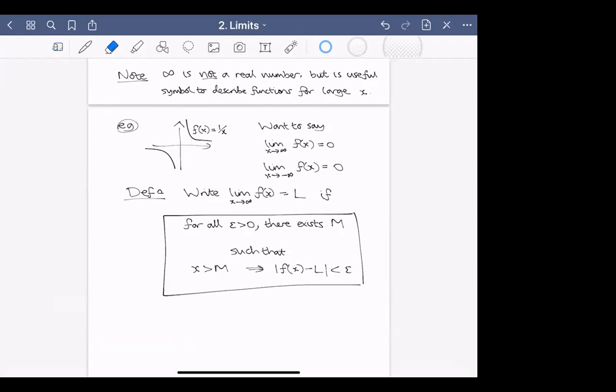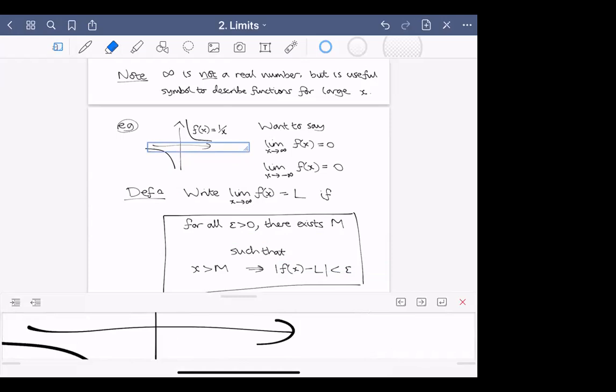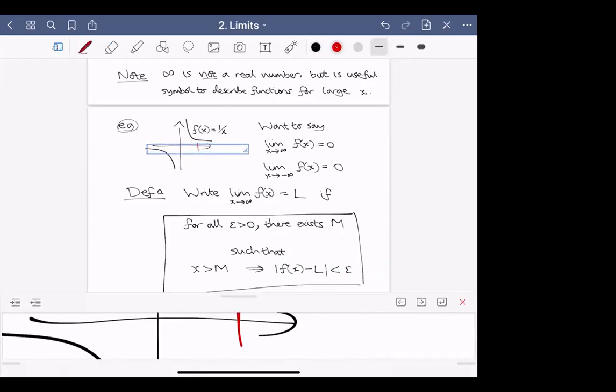So you should think of this as saying that however close I want the values to be to L, I can choose some M. Think of M as a big positive number, such that if I'm bigger than that number, then the values are forced to be close to L. Let me write an example for M here.